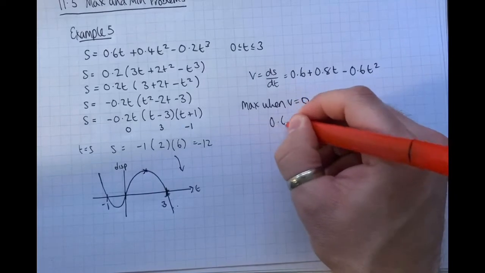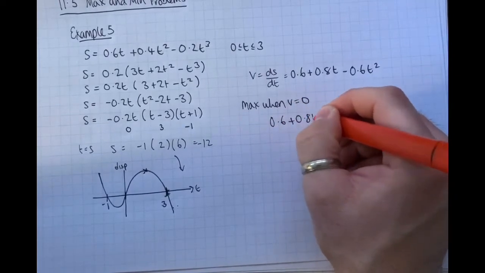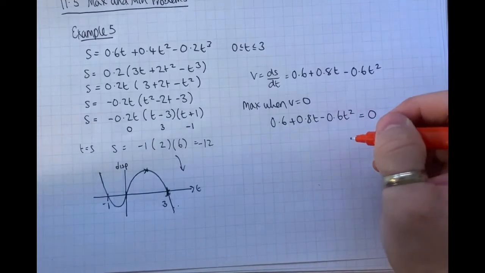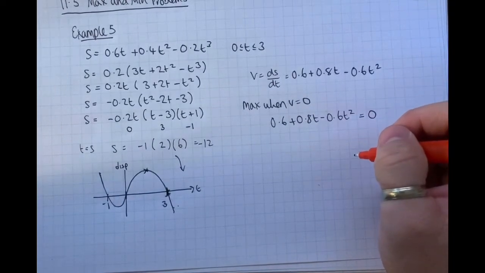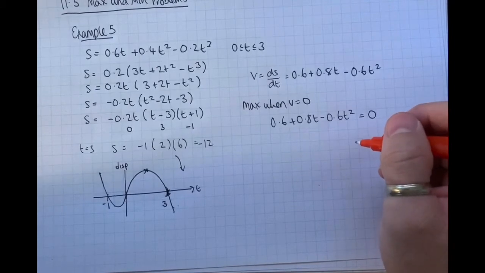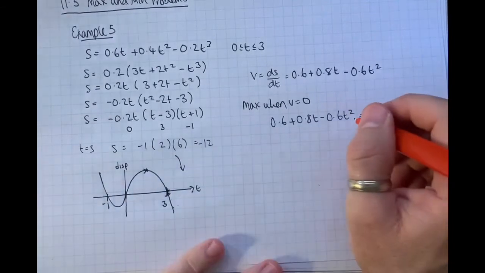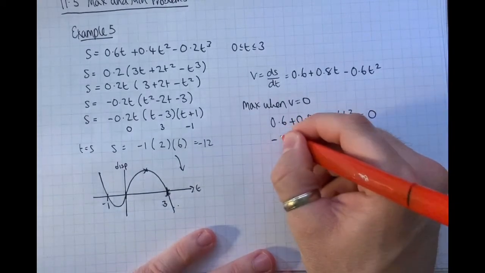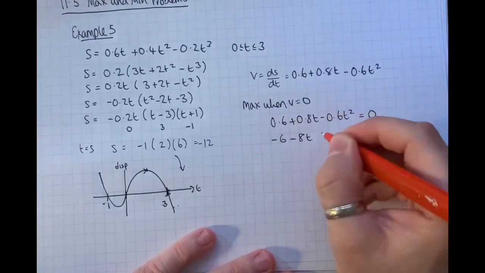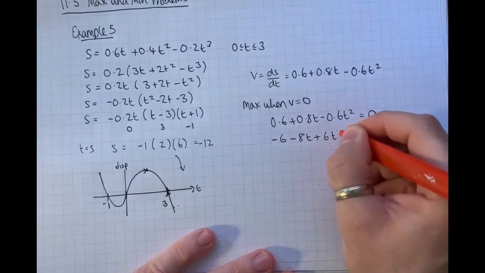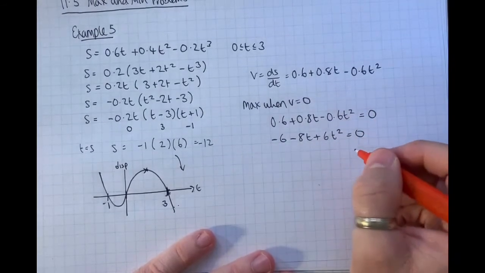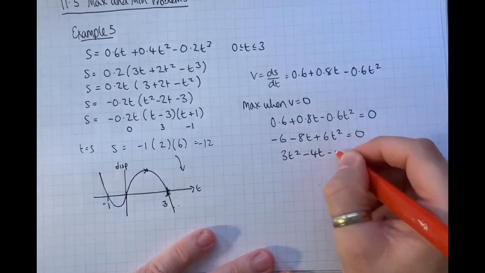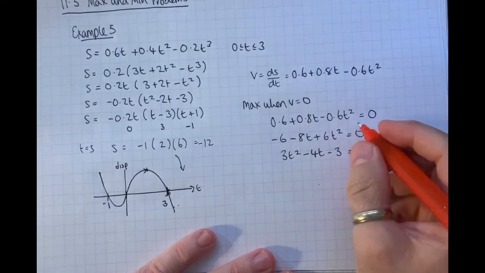So we've got 0.6 plus 0.8t minus 0.6t squared equals 0. If I times everything by minus 10 to make the quadratic positive, we get minus 6 minus 8t plus 6t squared equals 0. Divide everything by 2: 3t squared minus 4t minus 3 equals 0.